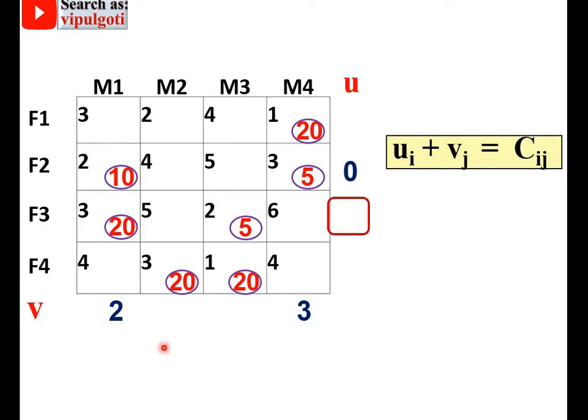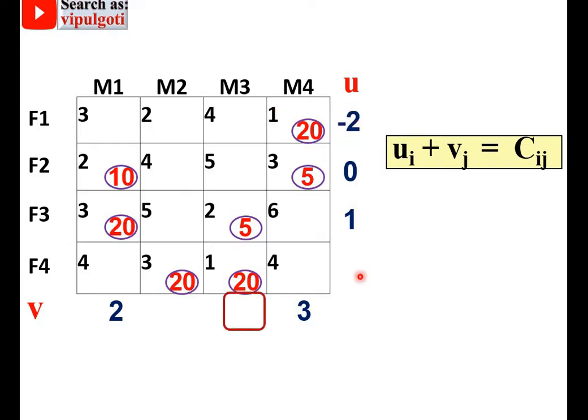Next, can you imagine what should be the value over here? It is very simple. Ui plus Vj must be equal to Cij. So I think you can understand it should be 1. Next, here Ui plus Vj is equal to Cij. So here it is minus 2.